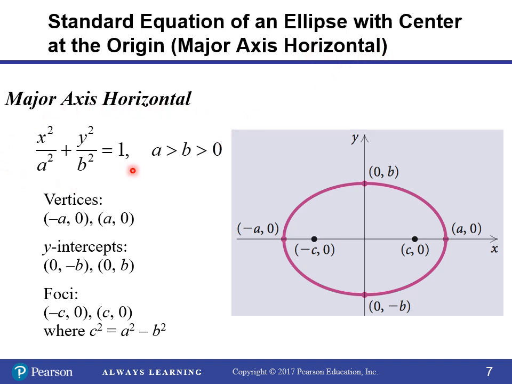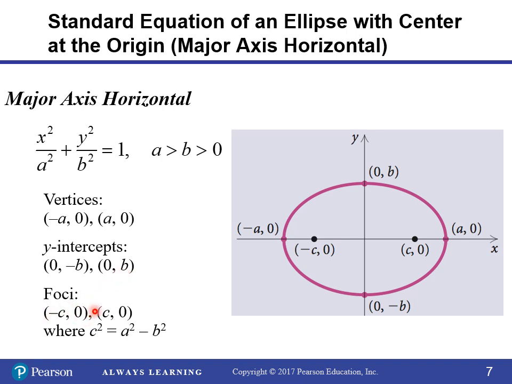So that uses this equation here: x squared over a squared plus y squared over b squared equals 1. When your major axis is horizontal, we get vertices at (negative a, 0) and (a, 0), and our y-intercepts are at (0, negative b) and (0, b).